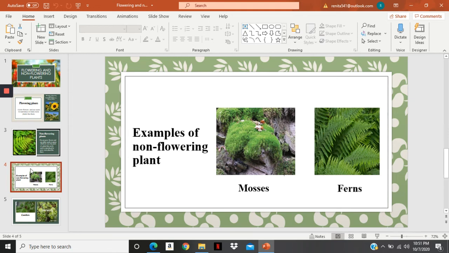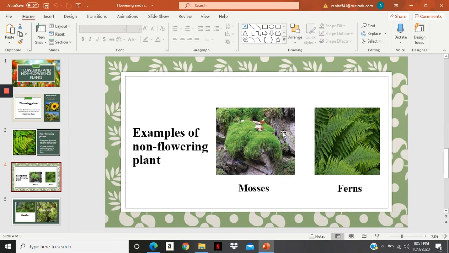Now on the screen, we have pictures of non-flowering plants. This one here is mosses. Now, what are mosses? Mosses are cushion-like plants. Mosses can be seen or found on walls.